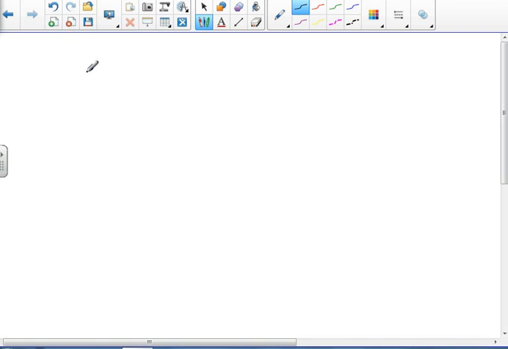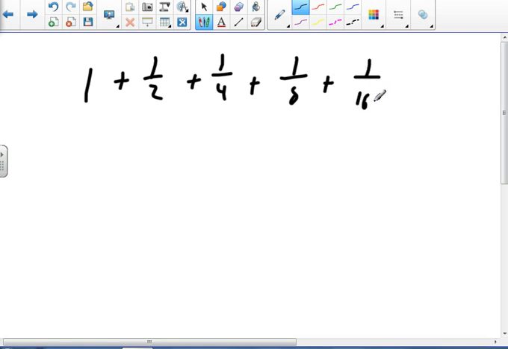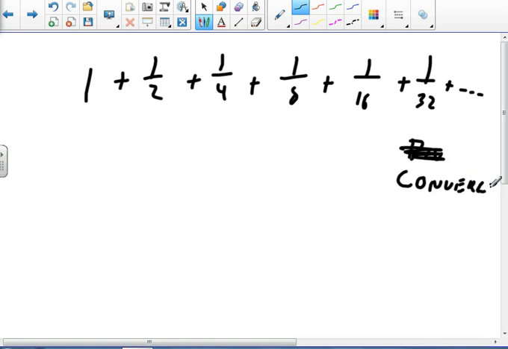So if I have 1 plus a half plus a quarter plus an eighth plus a 16th plus a 32nd plus and so on, that guy's converging, and he's heading towards 2.